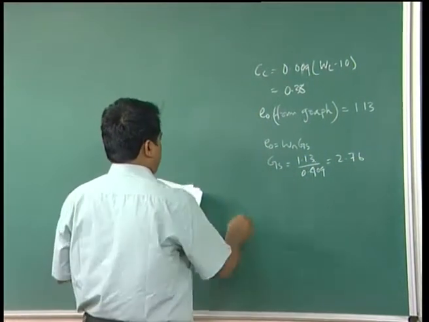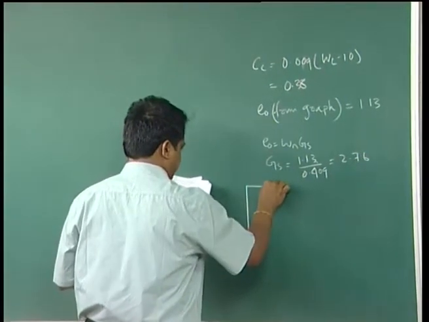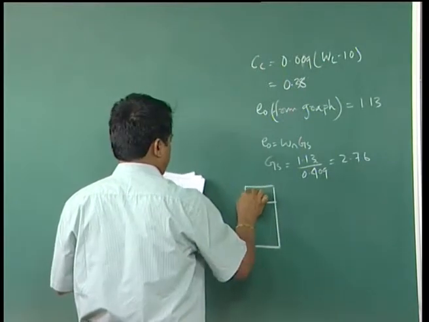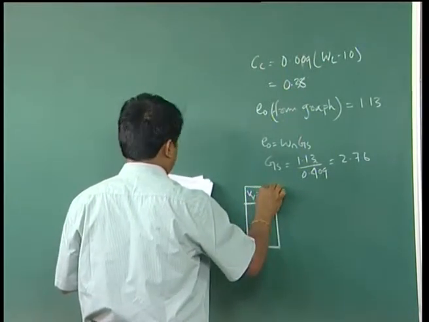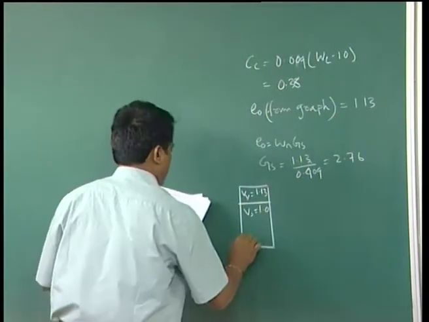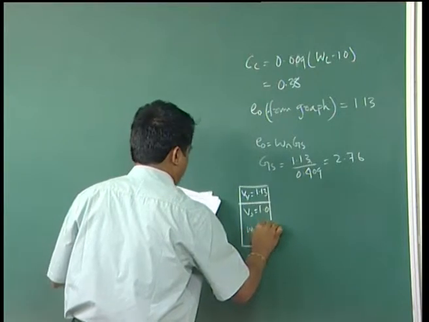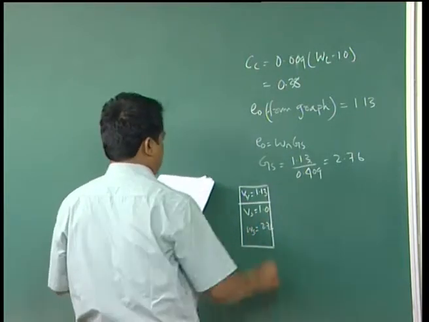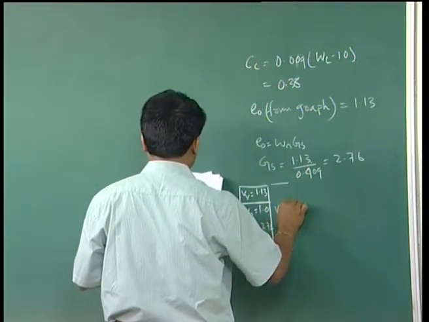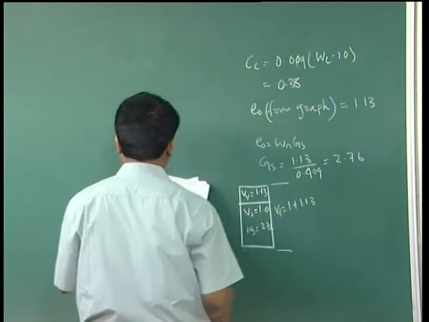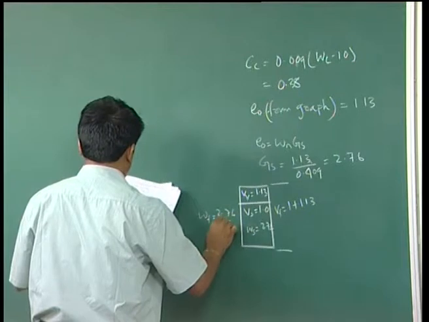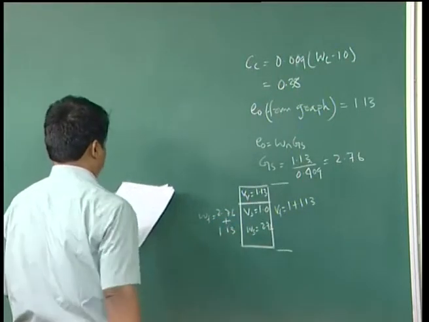Then taking a block diagram, this is a block diagram, V is equal to 1.13, Vs is equal to 1.0, Ws is equal to 2.76, and 1 plus 1.13, Wf is equal to 2.76 plus 1.13.